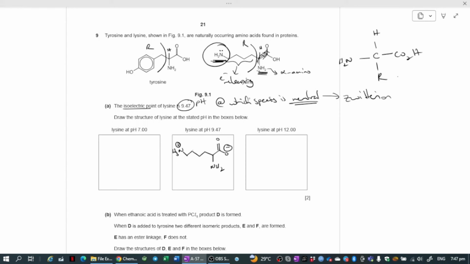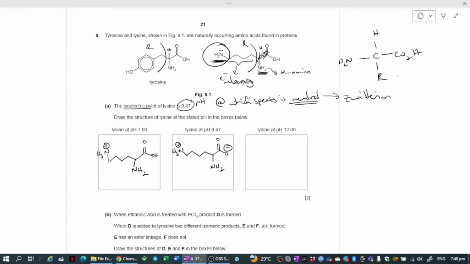So at pH 9.47, lysine is quote-unquote neutral. Therefore, a pH of 7 will actually represent an acidic environment for lysine. So what would happen in our acidic environment? We would actually protonate the carboxylic group. So at pH 7, you would just have the terminal amino group protonated, right? Right, 1, 2, 3, 4, 5, COOH, NH2, and then at pH 12 you have basic pH.